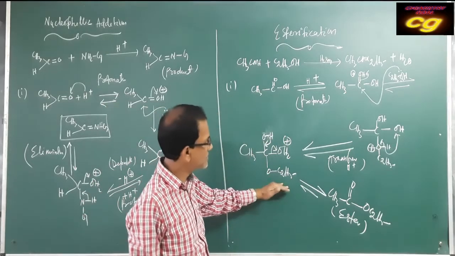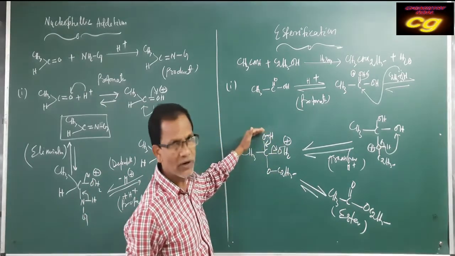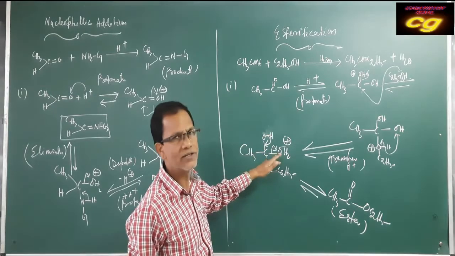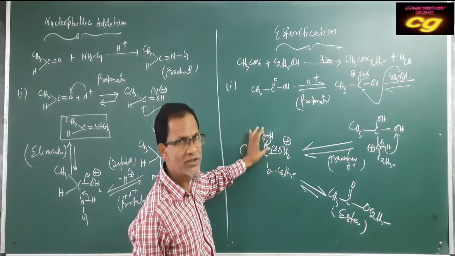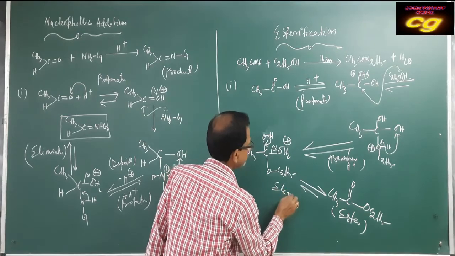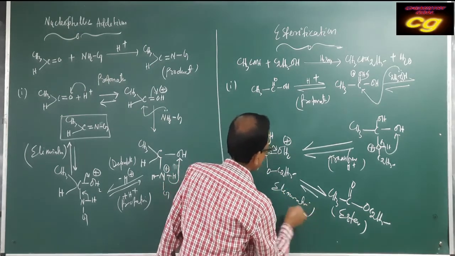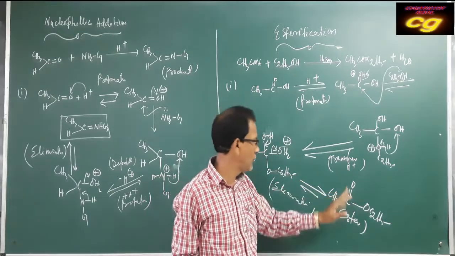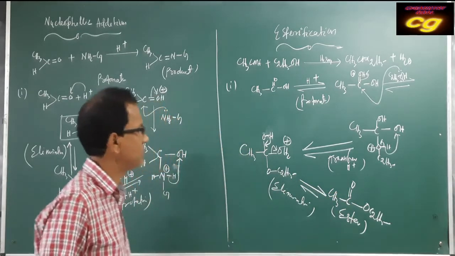And in the last step, what happens? Loss of hydrogen, that is deprotonation and dehydration, which is an elimination reaction. Loss of water, loss of H, so formation of a double bond. So lastly the ester is produced.